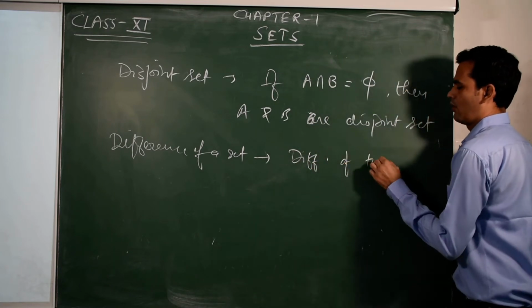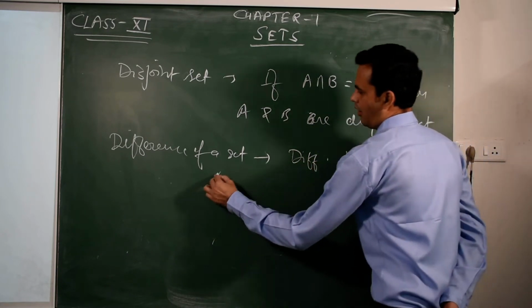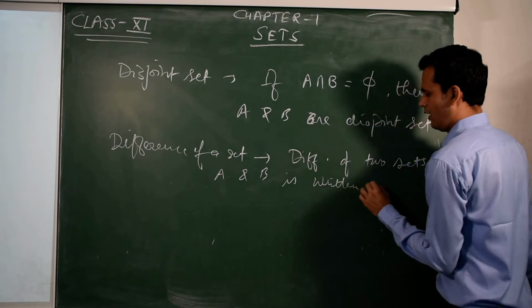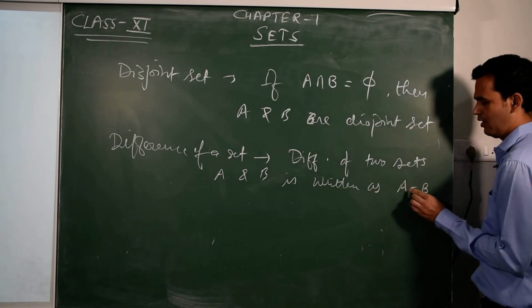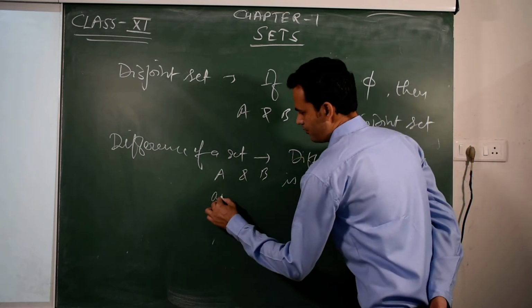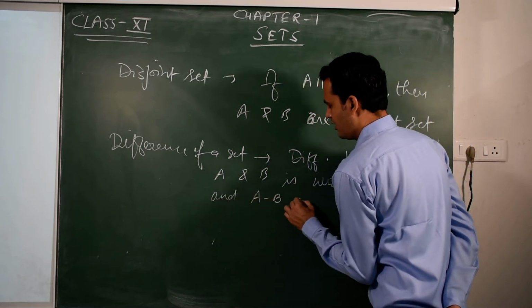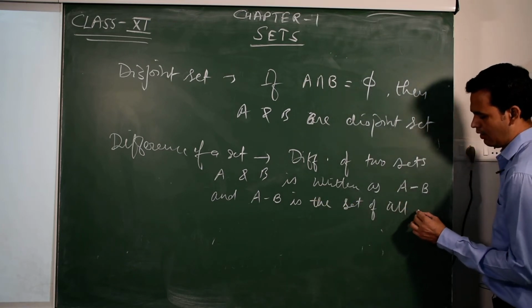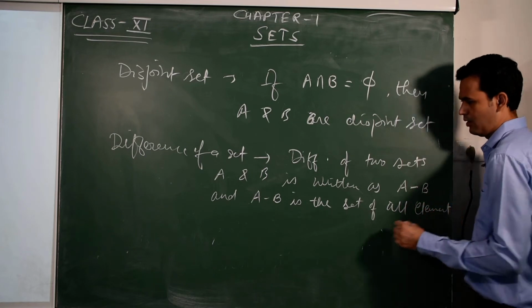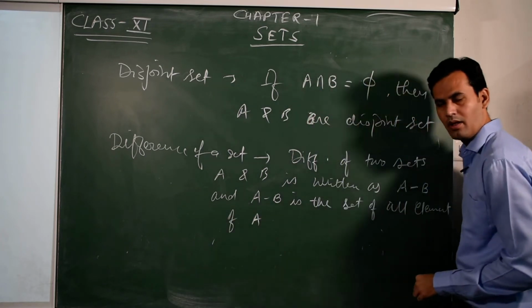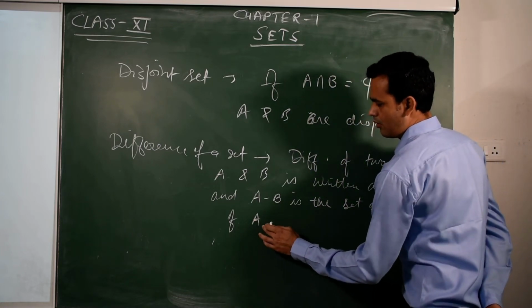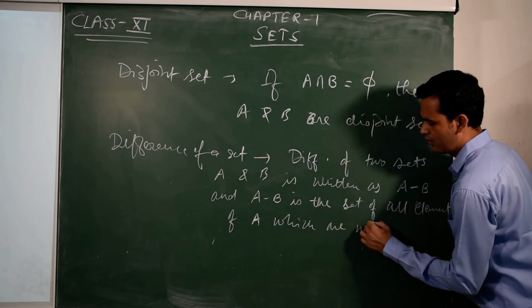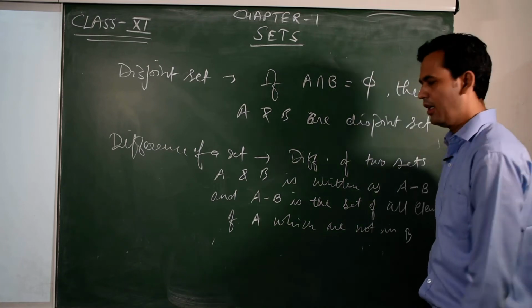Difference of two sets A and B is written as A minus B, and A minus B is the set of all elements of A which are not in B.